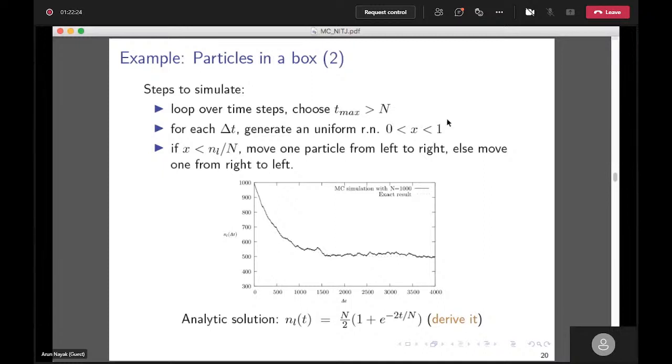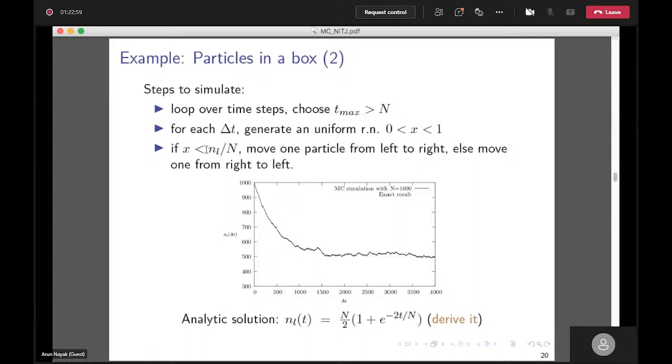Now compare this number to the probability for the particle to go to the right, which is nl by n, the number of particles in the left divided by the total number of particles. If x is less than this, then you move one particle from left to right. If x is greater than this probability, then you move one particle from right to left, because the probability for the right side to go to left will be more.